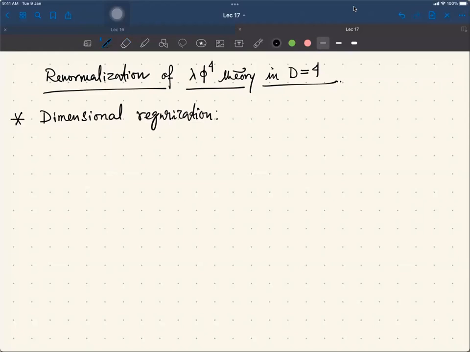So if d is equal to 4, then we have a particular set of divergences. Those divergences will not appear in a different dimension.